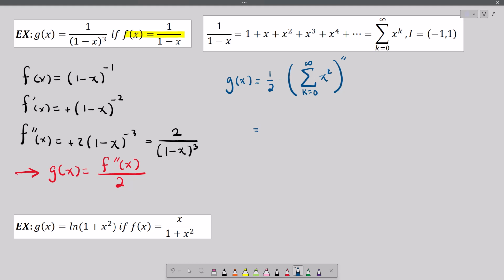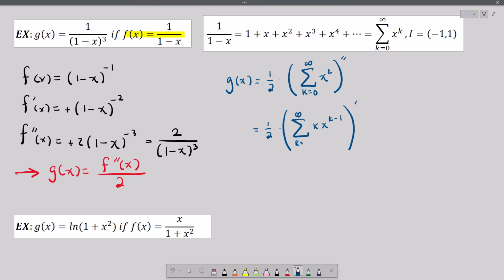So we're going to have 1/2 multiplied by, let's first take one derivative of the power series. So the first derivative, k comes down, we subtract 1. And we're going to have one more derivative to go. So let's think about the starting value of k.